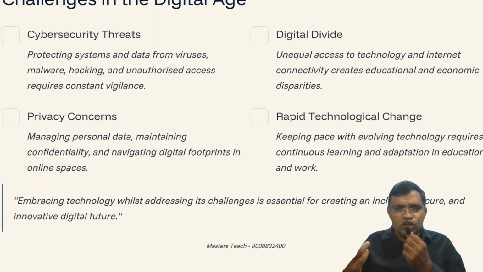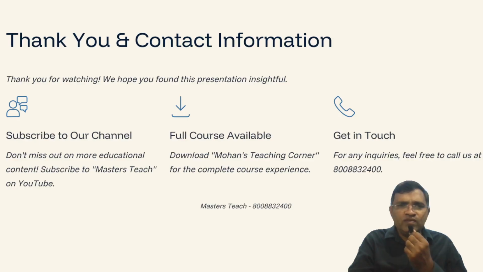So with rapid technology change, keeping pace with evolving technology requires continuous learning and adaptation in education and networks. There is always innovation, and accordingly you have to run along with the latest technology. So these are the challenges we face.